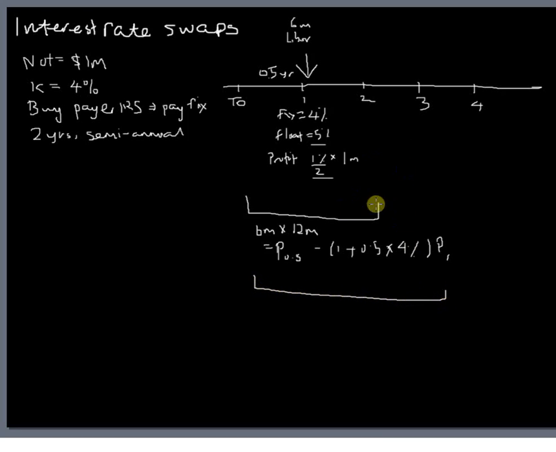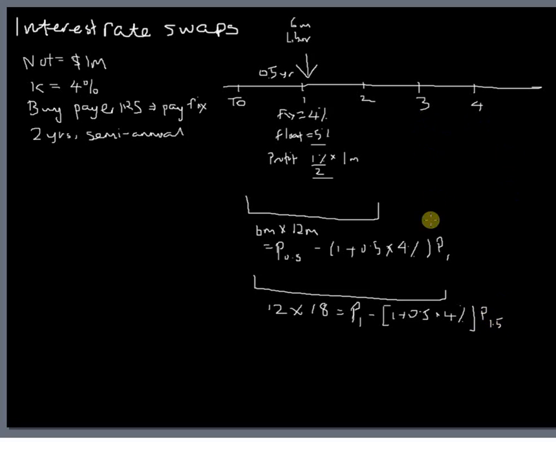Let's move on to the next one. Using the same argument as previously, this will be exactly equal to a 12 months by 18 months FRA. Using the zero coupon way of calculating FRA, it will be the same as the zero coupon bond at 1 year minus 1 plus 0.5 multiplied by 4%, times P at 1.5 years.